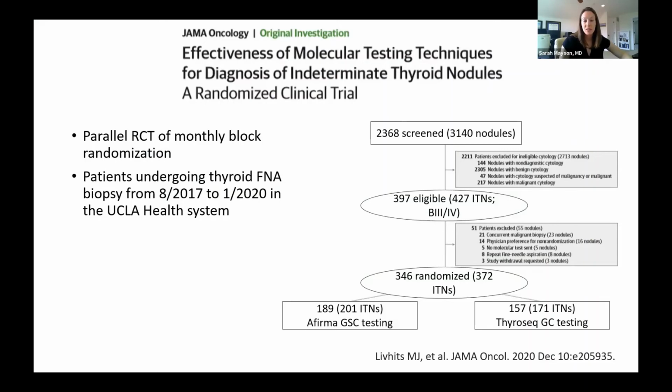And this particular study included 372 thyroid nodules with Bethesda 3 or 4 cytology, 189 patients, and 201 nodules were included in the Afirma cohort, and then 157 patients and 171 nodules were included in the ThyroSeq group.